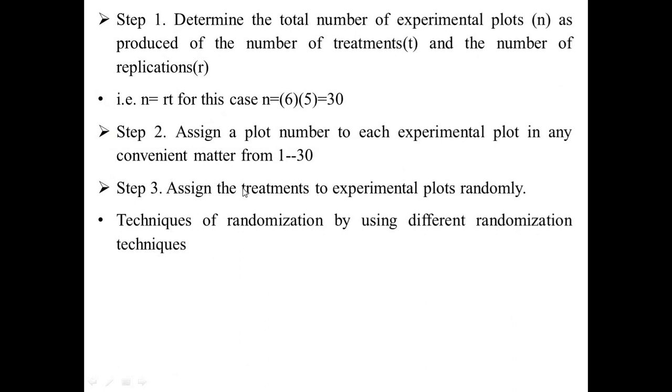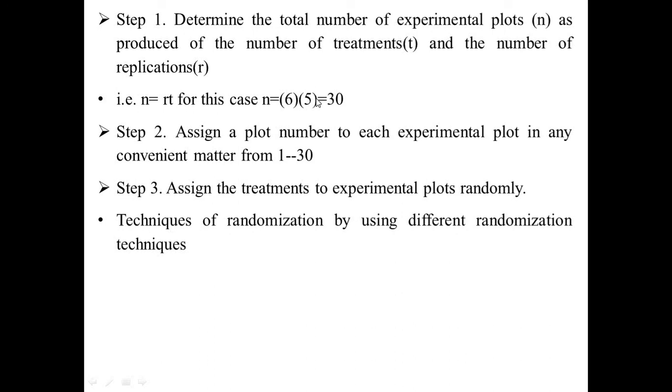The first step is determining the total number of experimental plots or experimental units, the number of treatments T, and the number of replications R. As I told you earlier, we obtain the total experimental units by multiplying the number of replications by the number of treatments.